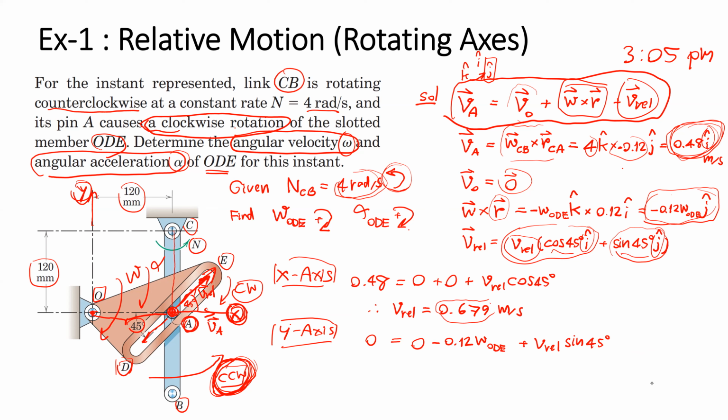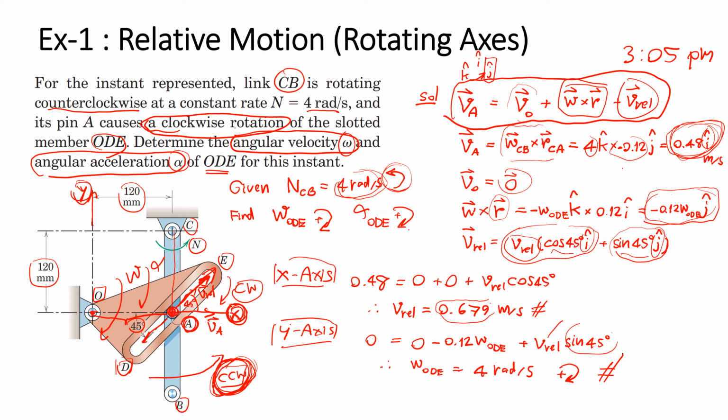So can we solve the equation? We know the V relative from here, and we know the angle. And by solving the equation, the magnitude of the omega is equal to 4 radian per sec. And it's positive, which means the direction that we assume to be clockwise direction is true.